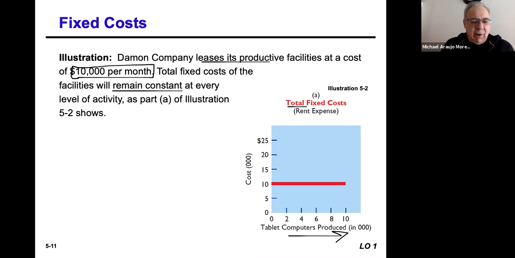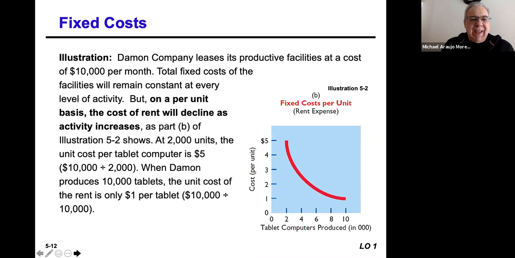So in that sense, the total fixed cost is the same regardless of how many computers they produce. However, as you look on a per unit basis, the more they produce, the fixed costs per unit go down. It's an inverse relationship. So for example, at 2,000 units, they're spending $10,000 for the month on rent.